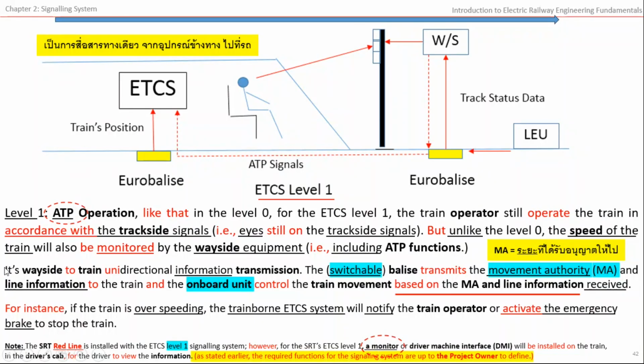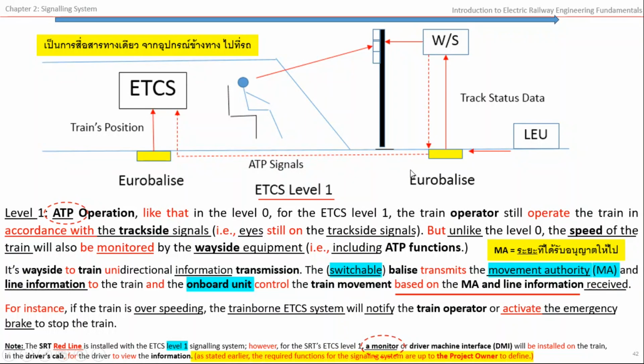It's one-way data transmission, unidirectional information transmission from wayside to train. The switchable balise will transmit the movement authority, MA. MA, movement authority, means how far the train can move forward.